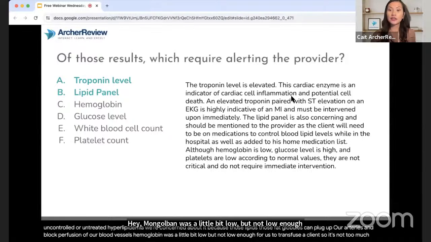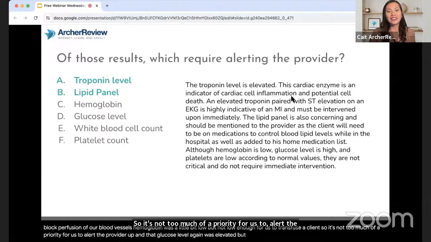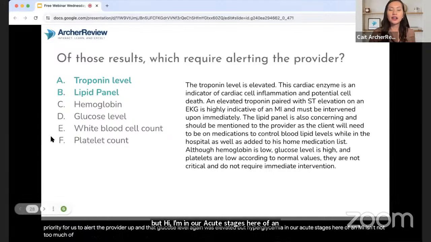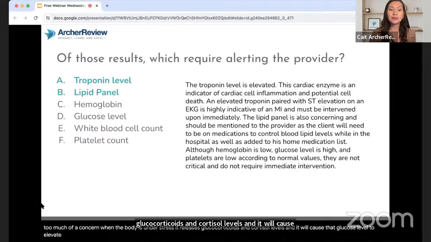So it's not too much of a priority for us to alert the provider of. And that glucose level, again, was elevated, but hyperglycemia in our acute stages here of an MI is not too much of a concern. When the body is under stress, it releases glucocorticoids and cortisol, and it will cause that glucose level to elevate.